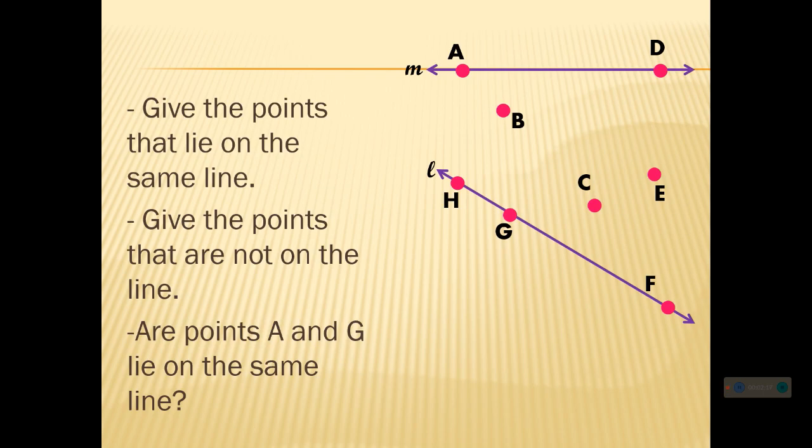I try to look for point A. This is point A and point G. Again, do these two points lie on the same line? Correct, they do not lie on the same line.